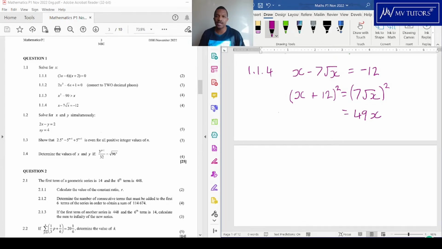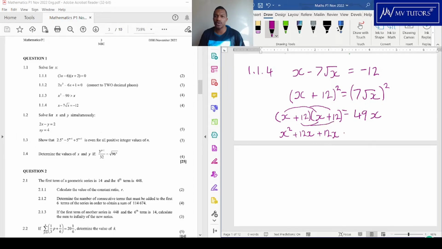Normally, I like to open two brackets because I don't like shortcuts, since it's easy to make mistakes with shortcuts. So x times x gives me x squared. x times plus 12 gives me 12x. Then 12 times x, plus 12x. And then 12 times 12.